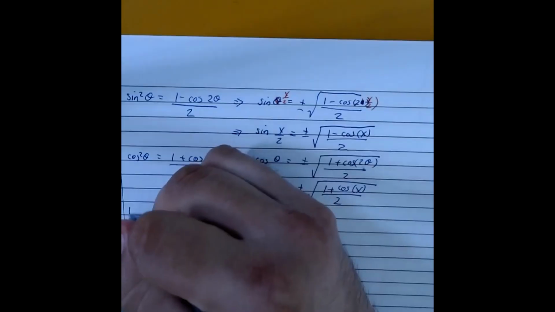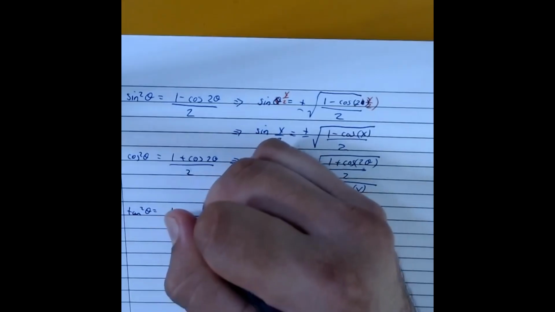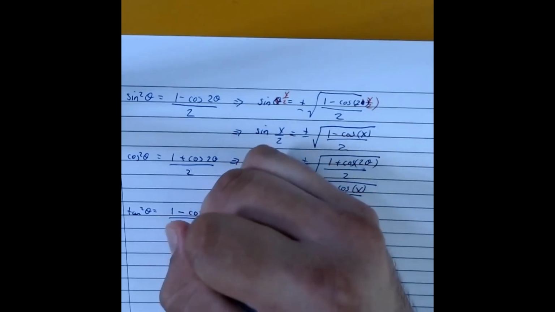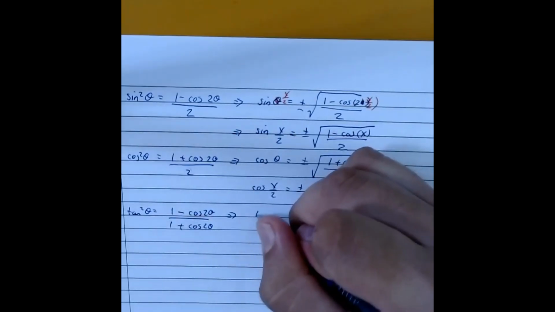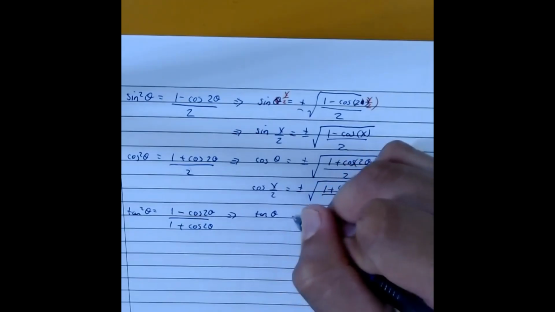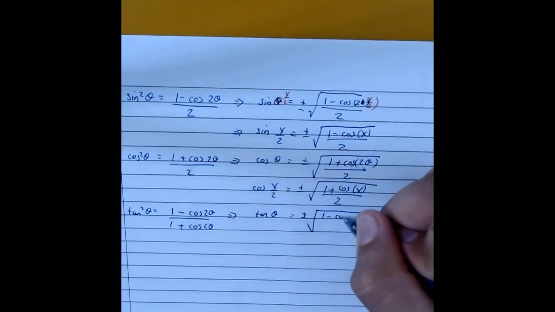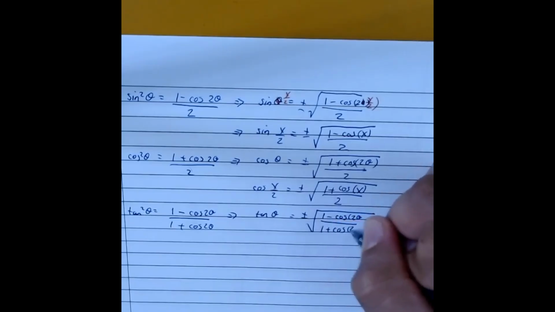And we saw that the tangent squared of the angle theta is equal to 1 minus cosine of 2 theta over 1 plus the cosine of 2 theta, which means that if I take the tangent of the angle theta, that's equal to plus or minus the square root of all of this stuff, 1 minus the cosine of 2 theta over 1 plus the cosine of 2 theta.